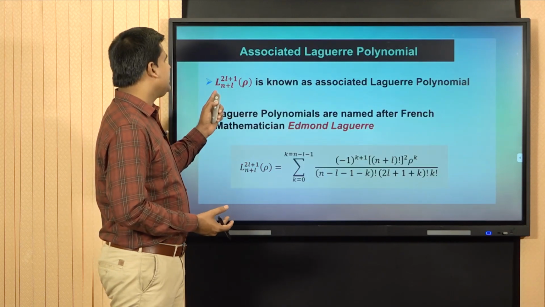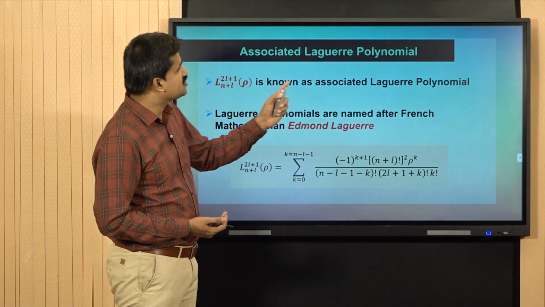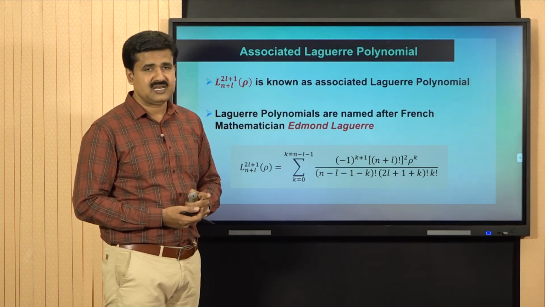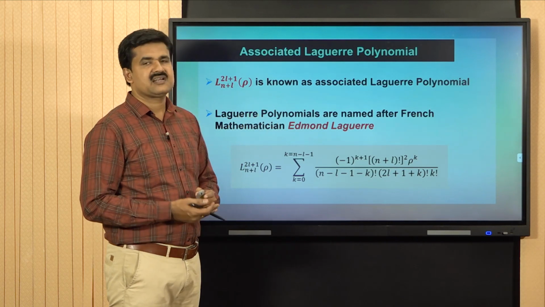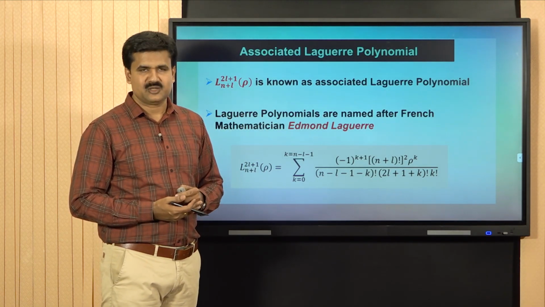Now, L n plus L raised to 2L plus 1 rho is known as the associated Laguerre polynomial. Laguerre polynomials are named after French mathematician Edmond Laguerre.